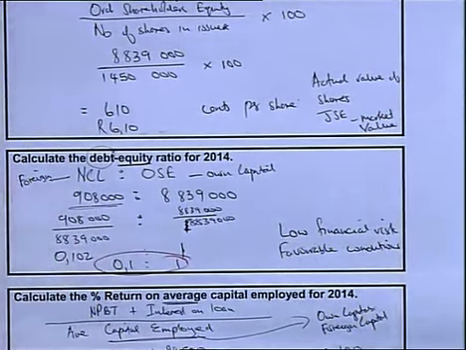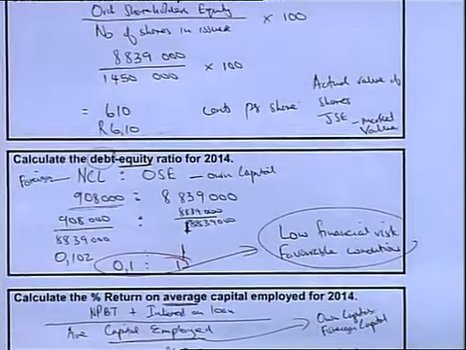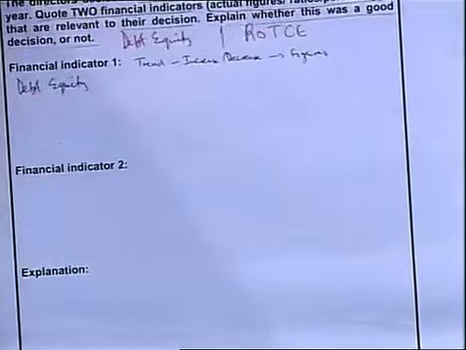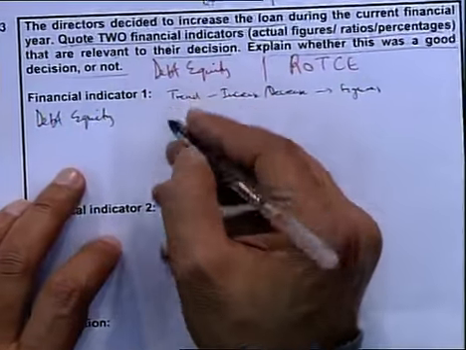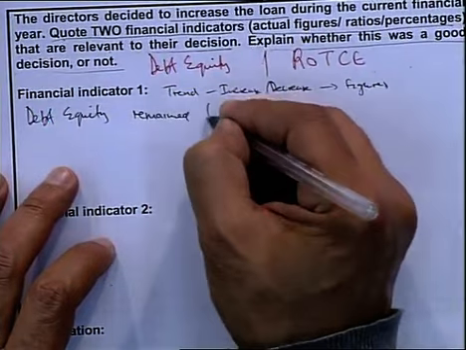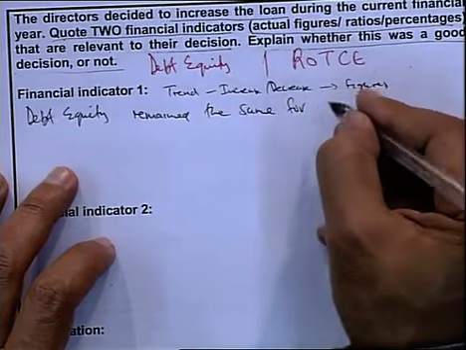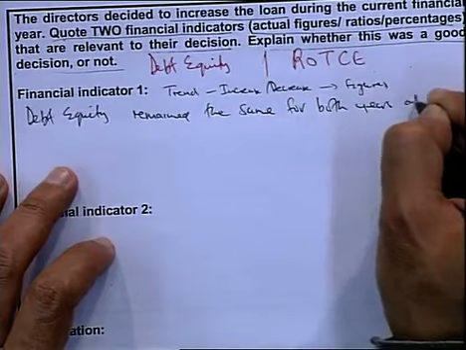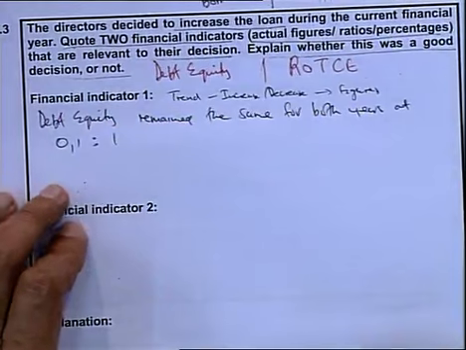Now we just have to take this information to the comment over here. So we're going to mention it. We're going to say the debt equity remained the same for both years at 0,1 is to 1.